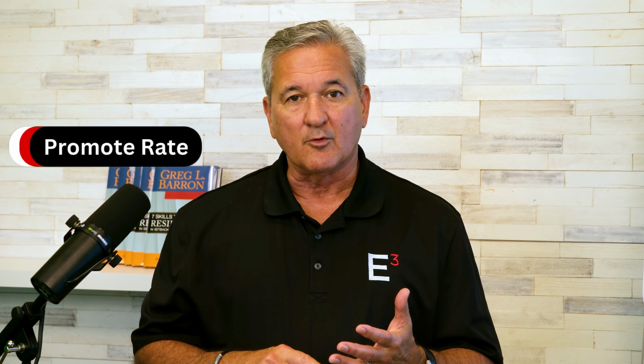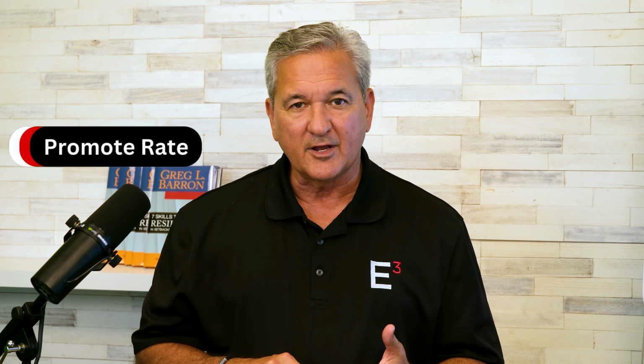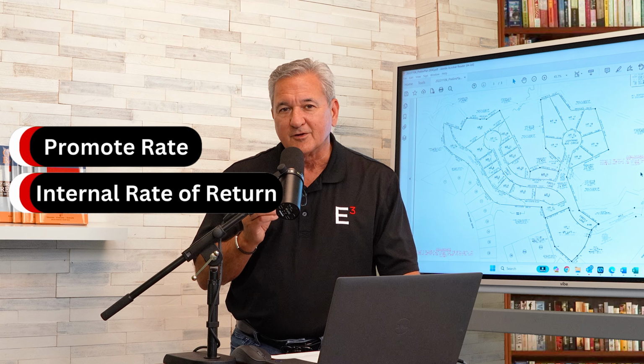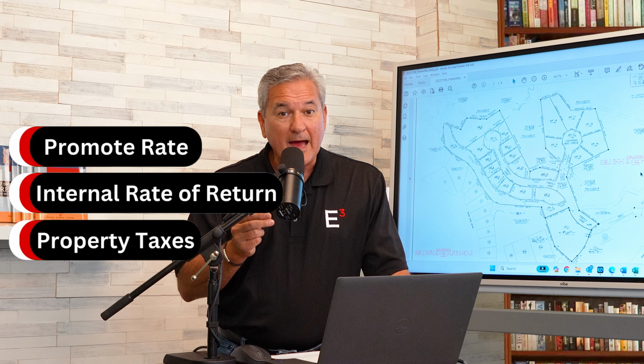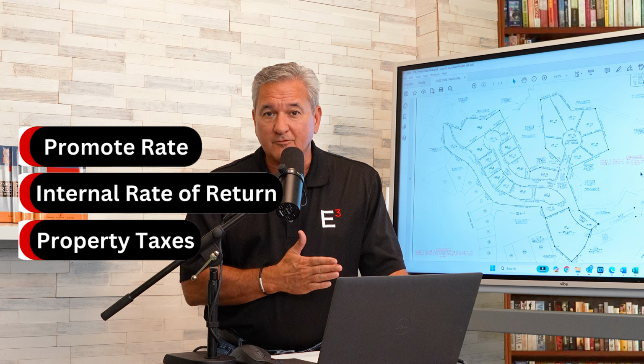How much equity you're going to raise, and how much is going to be sponsored by you, and how much is going to be contributed as equity by your investors. You'll be able to determine your promote rate, your required internal rate of return, and of course you'll need to include the property taxes for the carrying costs throughout the life of the project until you're fully sold out.